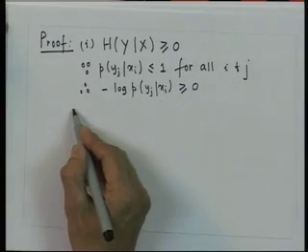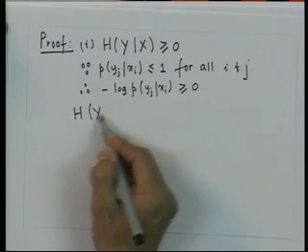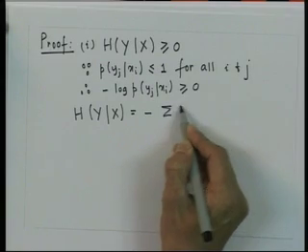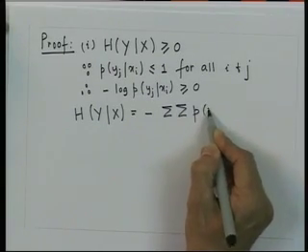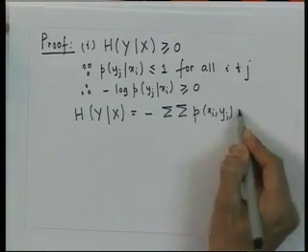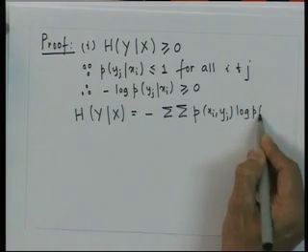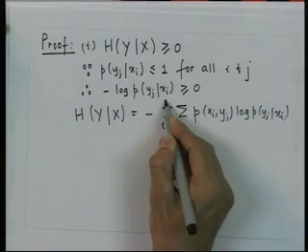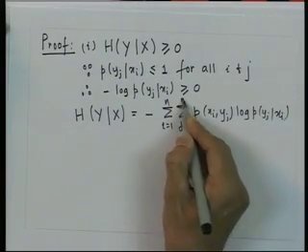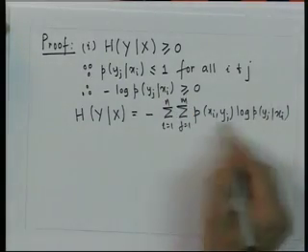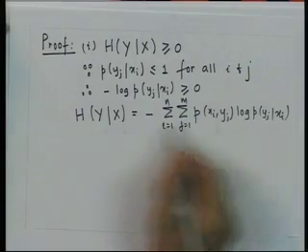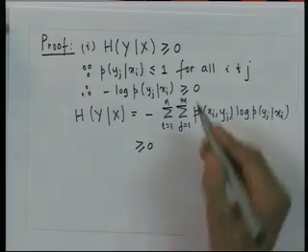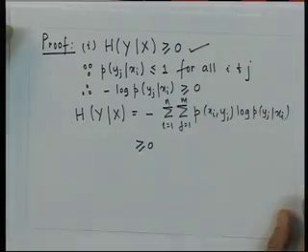So from the definition of h of y given x, which is summation over probability of xi, yj times log of probability of yj given xi, this quantity is positive, so in total this quantity is always greater than or equal to 0. So the first property has been proved.